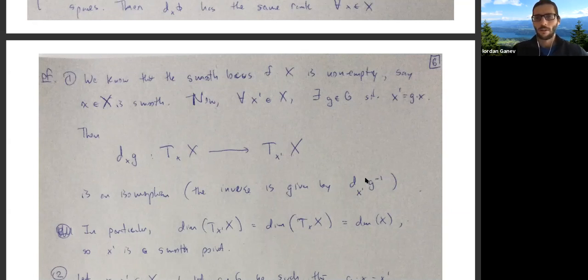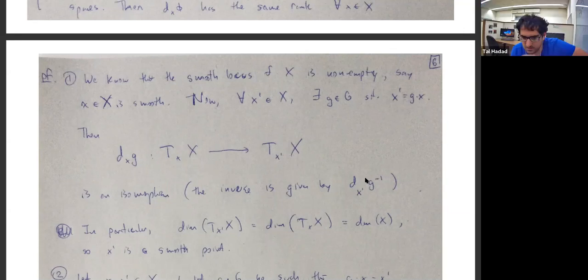So it comes down to the fact that if we have the identity map on an algebraic variety, then the differential at all points is just the identity linear map. Right? Is that fine?